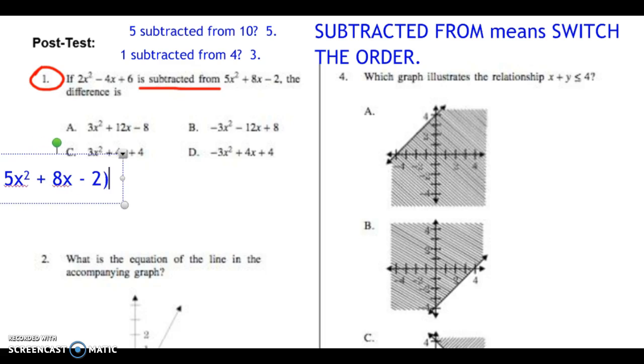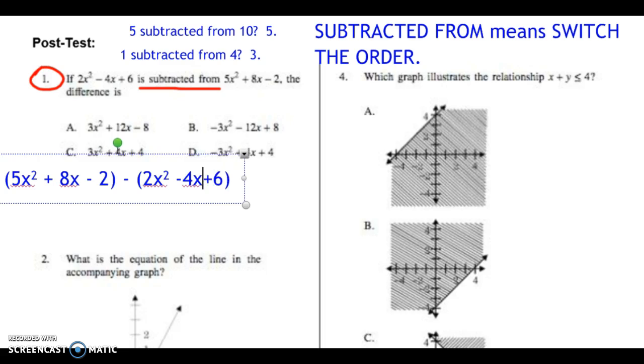Now I'm taking that whole expression and subtracting from that x squared minus 4x plus 6. A little space in here so you see what's going on. Now, I have a subtraction sign here, which means I'm going to have to distribute this to the second polynomial.